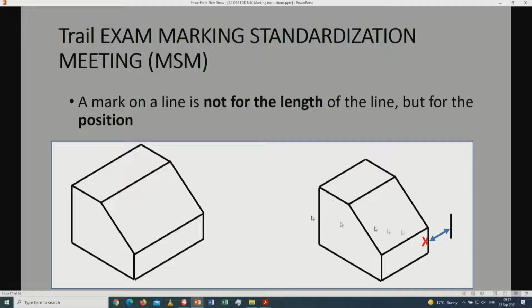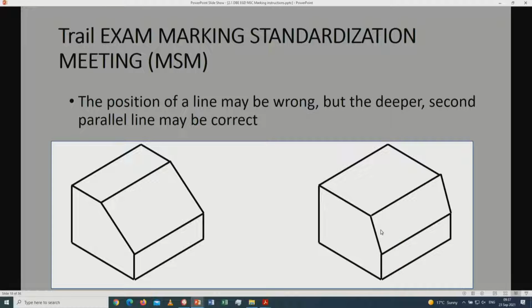So if it gets to that point, you give a 0 mark for that specific point. That is wrong. That is supposed to be there. I know that one is also wrong, and I know that one is also wrong, but the learner has the ability to say that the parallel line will go parallel towards that line, and this one also parallel to that line. So you can give half a mark for the rest of the drawing itself.